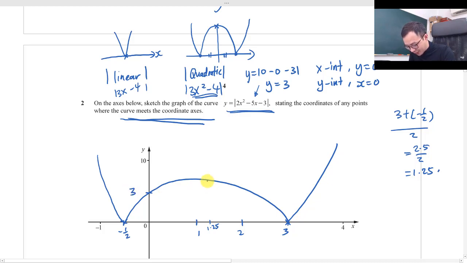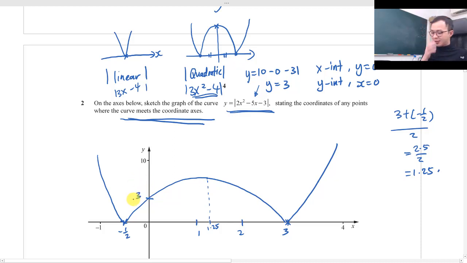And then this one should be the maximum here, I mean turning point over here. Still looks very bad, so let me just draw again. Yeah, trying to make it look like the turning point. Yeah, and then my 3 should be just touched here. Right, so of course if you have the paper, you should be able to draw it nicer than me.